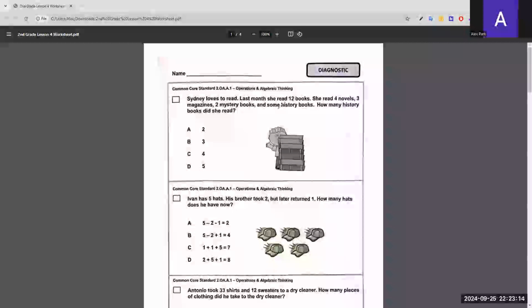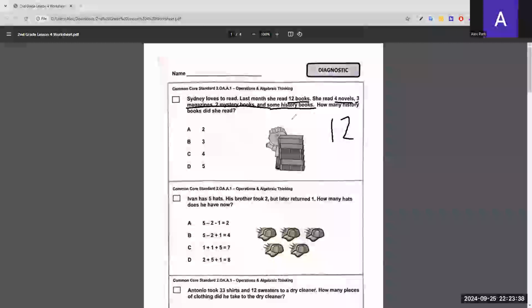So we're looking for history books, and the information we have is the total amount of books and the books that she already read that aren't history. So 4 novels, 3 magazines, and 2 mystery books. We can write this into an equation. So 12 books total, that's the number here.